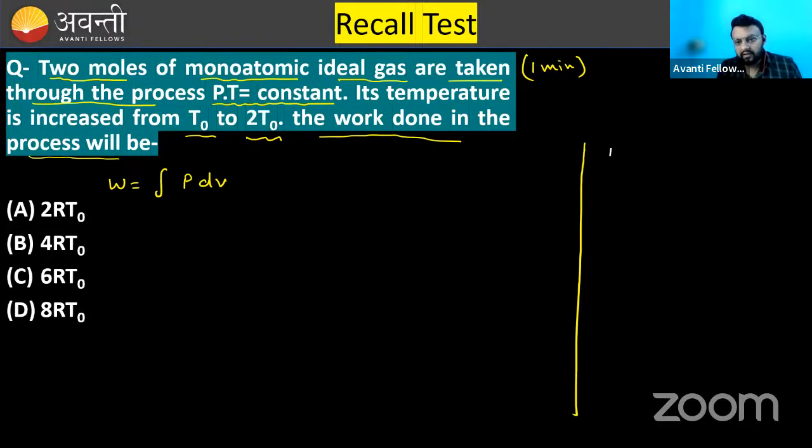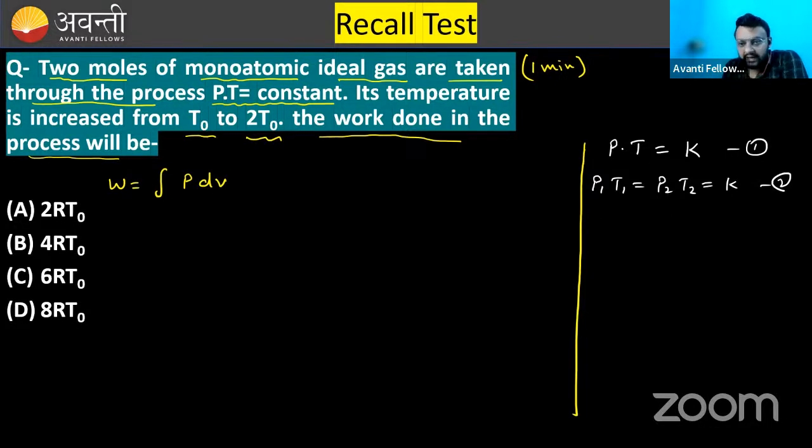What is given? P into T is a constant. Let's suppose that constant is K. Is it clear? If P into T is a constant, let's suppose this is equation number one. You can write it as P1 T1 is equal to P2 T2 is equal to a constant K. These are the same things written.